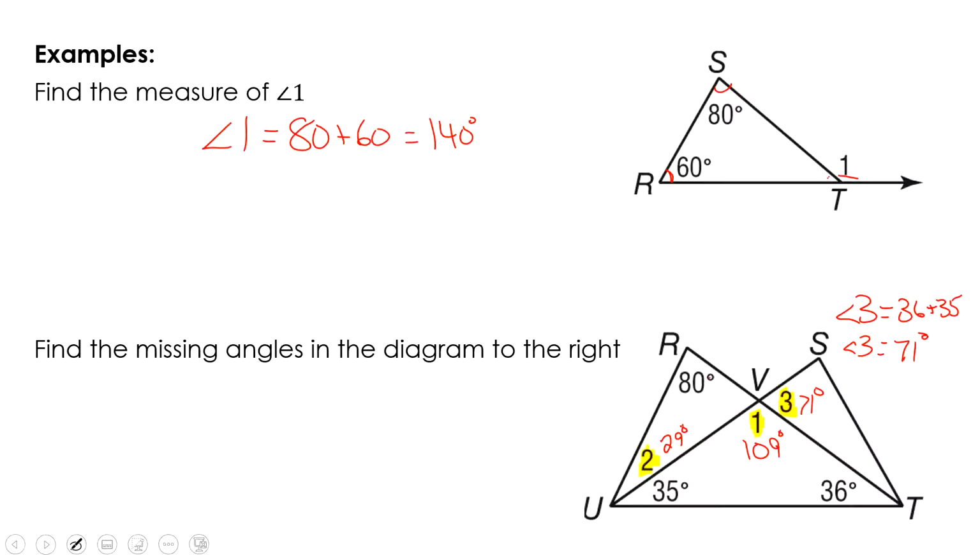I also knew angle 3 had to equal, based on the exterior angle theorem, the two opposite remote angles added together. We're starting in angle 3. Sometimes you're not going to start from angle 1. We're going to have to back into what's the easiest piece of information to fill in, given our picture and the information we have, to get everything else. Does that make sense?